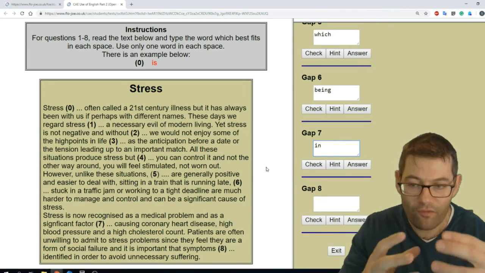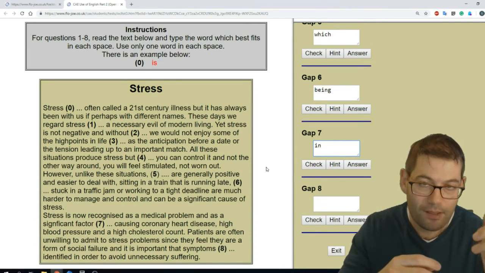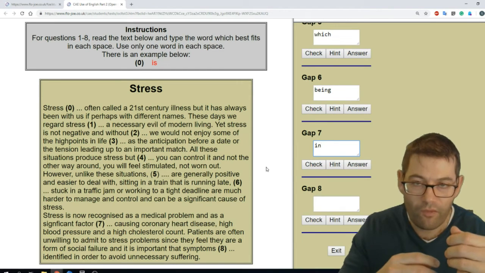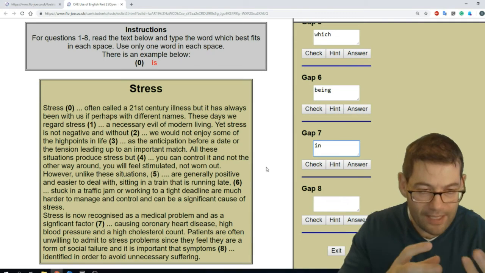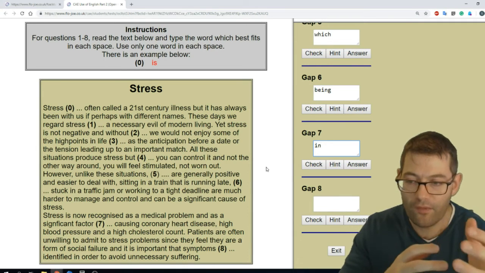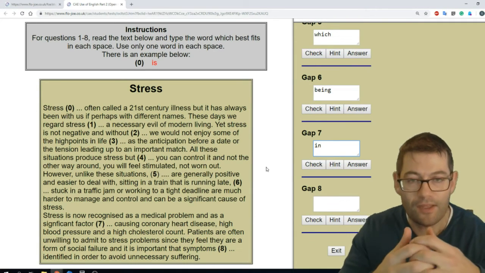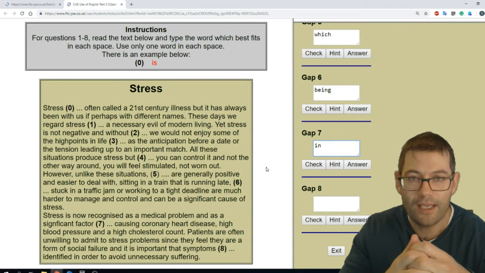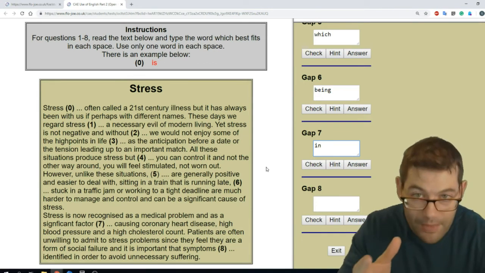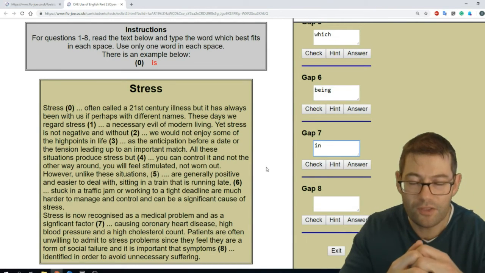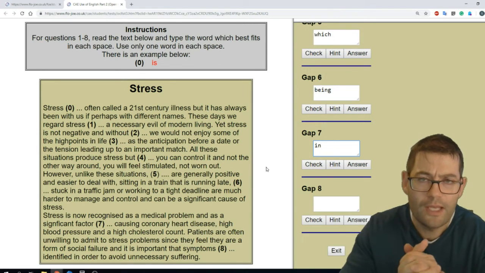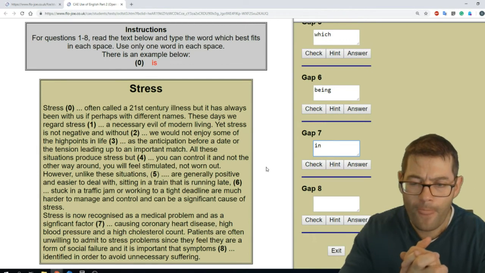A significant factor in plus gerund. So a significant factor in making something, a significant factor in succeeding in something, a significant factor in being able to meet someone, or whatever it might be. You can come up with lots of different contexts, and it is a wonderful advanced language structure.